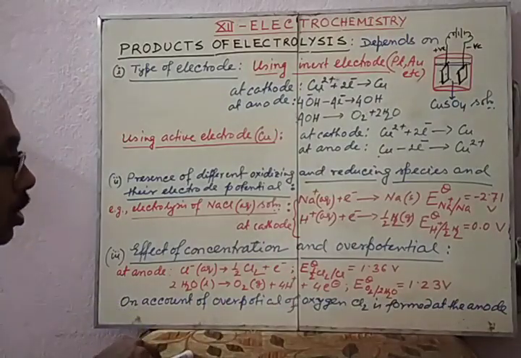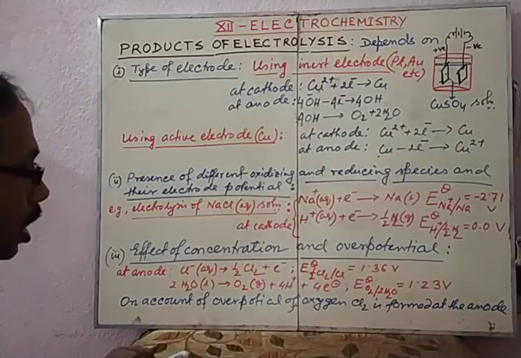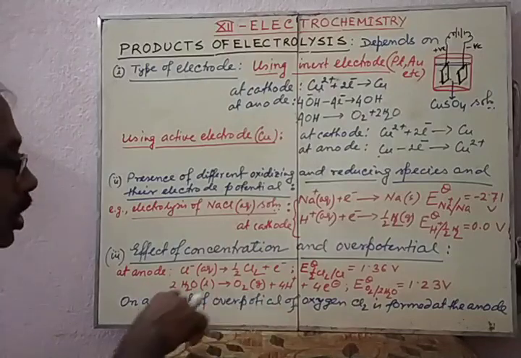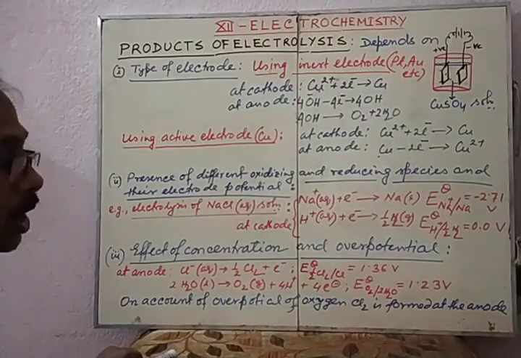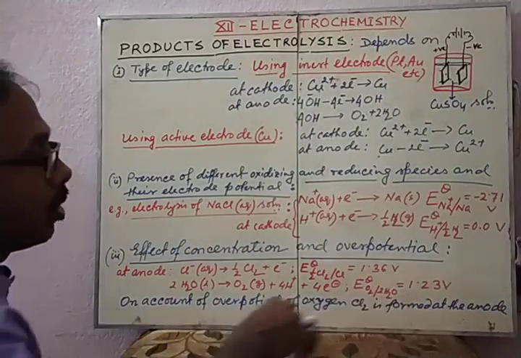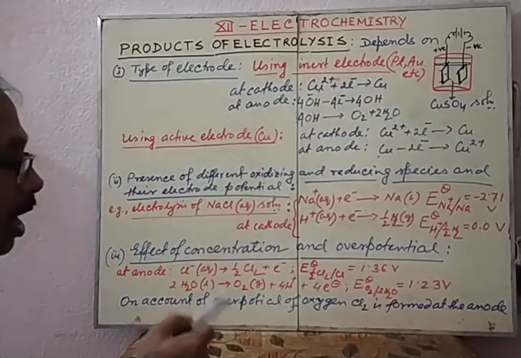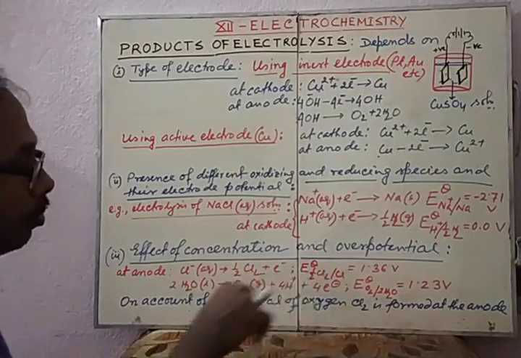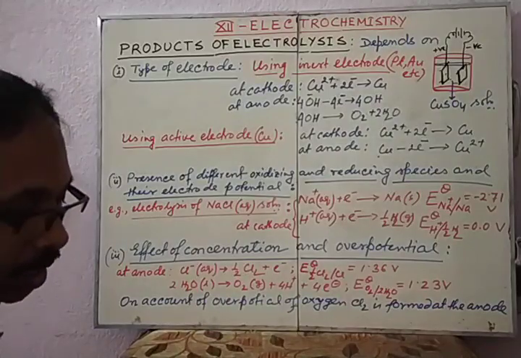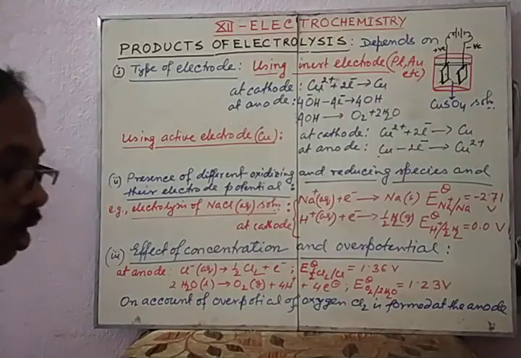Since ionization of water is very little, the potential required for the thermodynamically feasible discharge of oxygen at the anode is more than 1.23 volt, because OH minus ion is less in solution. At that higher potential, chlorine is easily discharged at the anode, since the concentration of Cl minus ion is more in the solution.